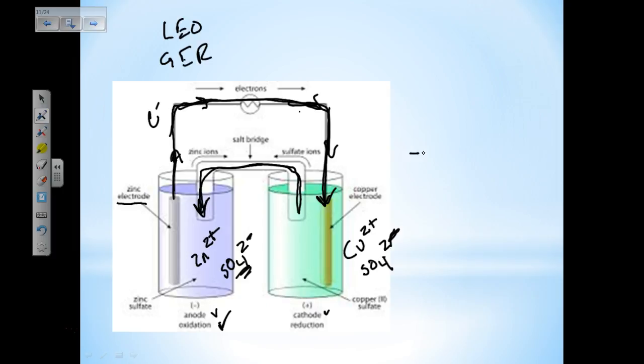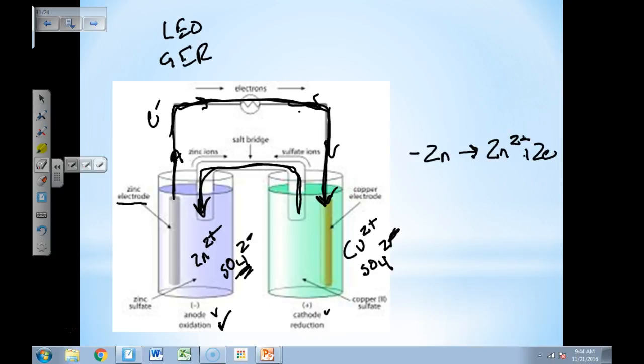When you're losing electrons, what side of the reaction do they need to be on? They need to be on the product side. So if this is being oxidized, zinc reacts to form zinc 2+ plus 2 electrons.